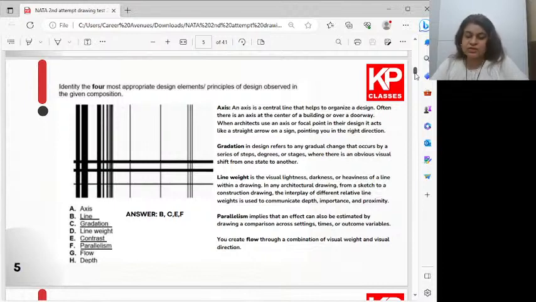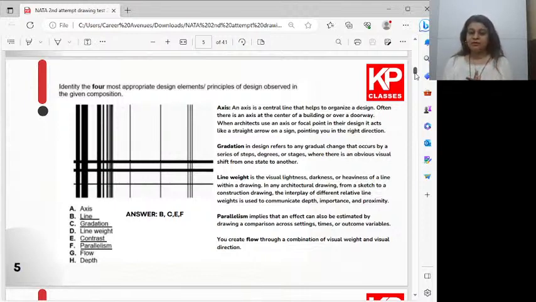Then line weight is not an option, but still I have given the meaning of line weight over here. It is the visual lightness or darkness or heaviness of a line within a drawing. Now please try and understand. When a student is studying architecture and they have to make a draft of a particular room, if they have to show the most important wall, which is thicker, they'll show it with a dark line, right?